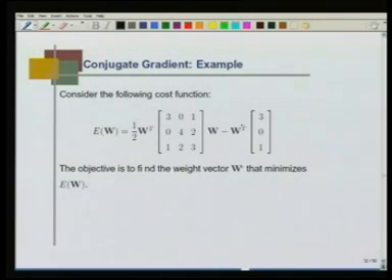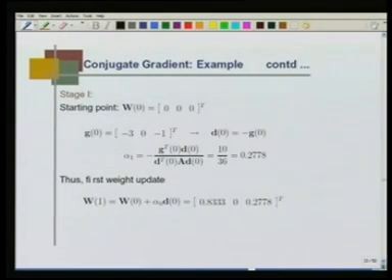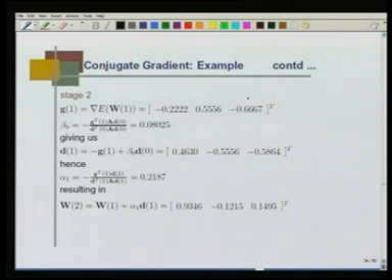So, let us take this example. E W is this particular function. So, this is a 3 by 1 problem, so we should be able to reach the minimum in 3 steps. You see that we go on computing various values. Alpha 0 in the beginning is 0.2778, W1 we found out to be this value, and then again we found G1, beta 0, D1, alpha 1.